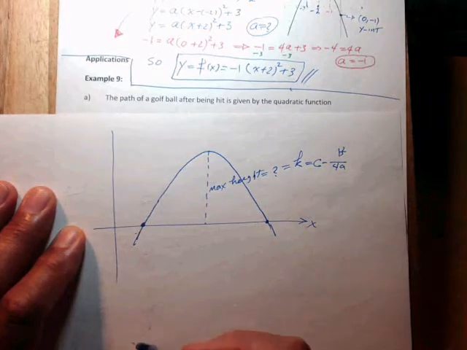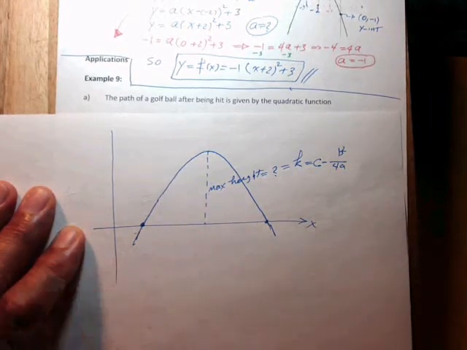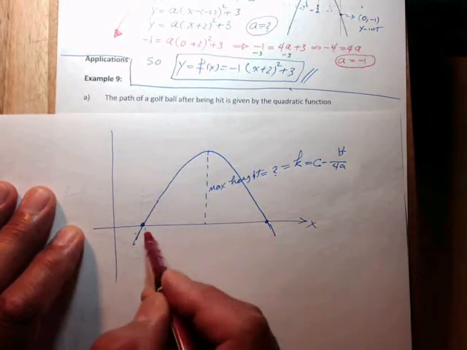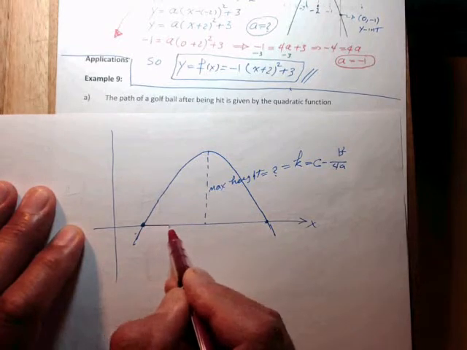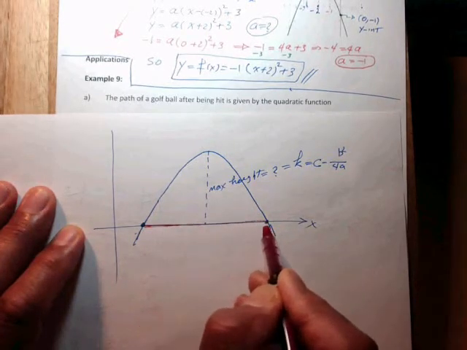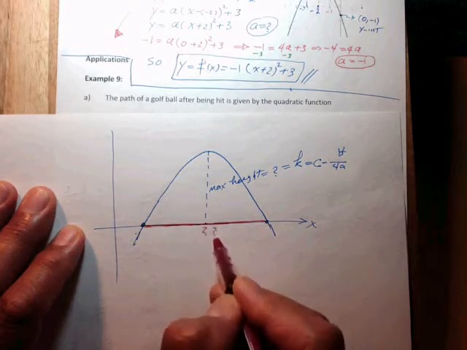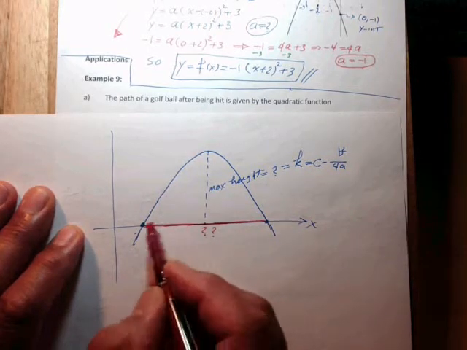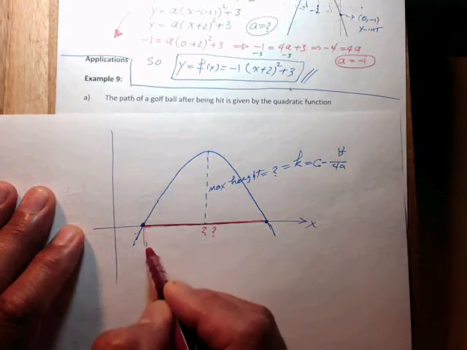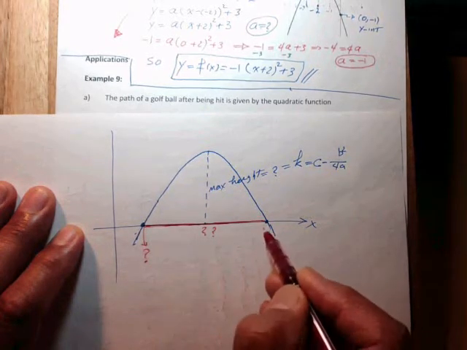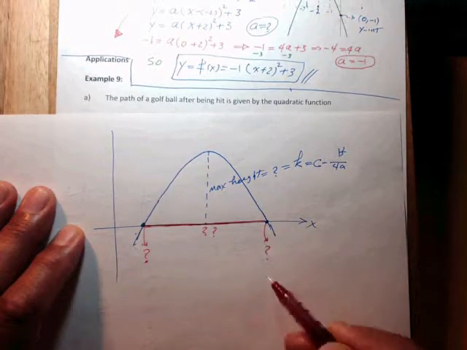And then the second question is how far from the initial spot the ball falls. You want to find this distance between these two. So we need to find this x-intercept.